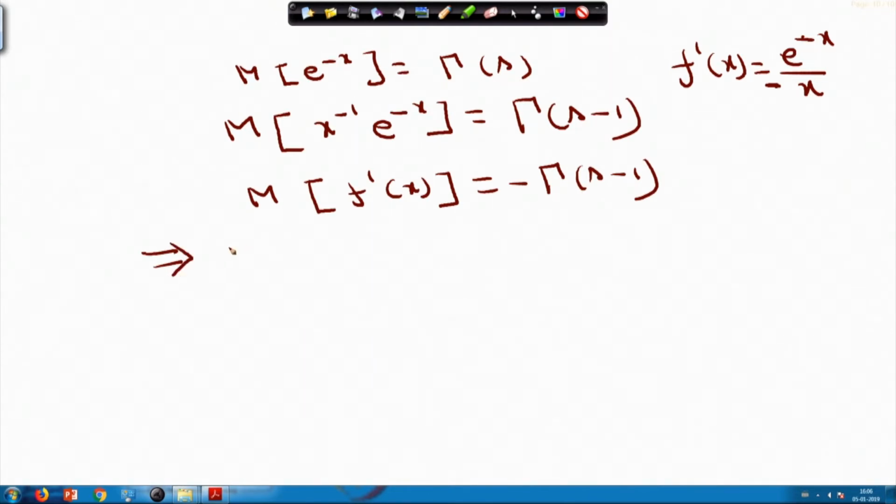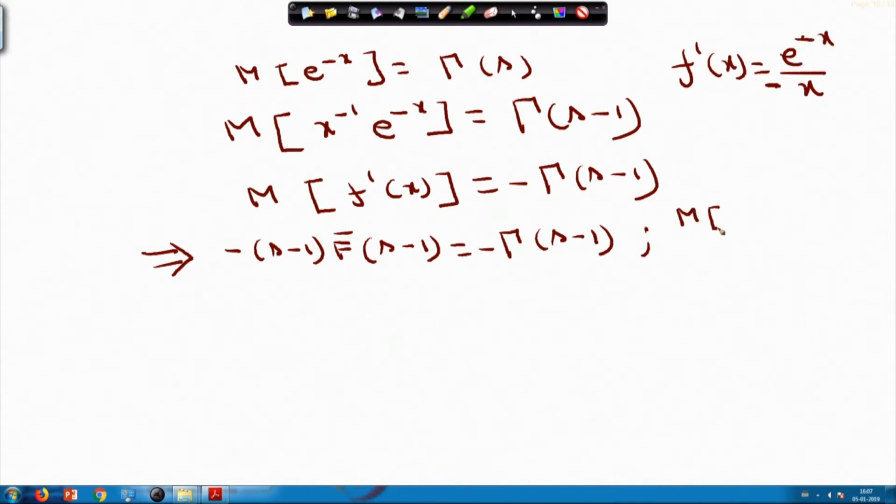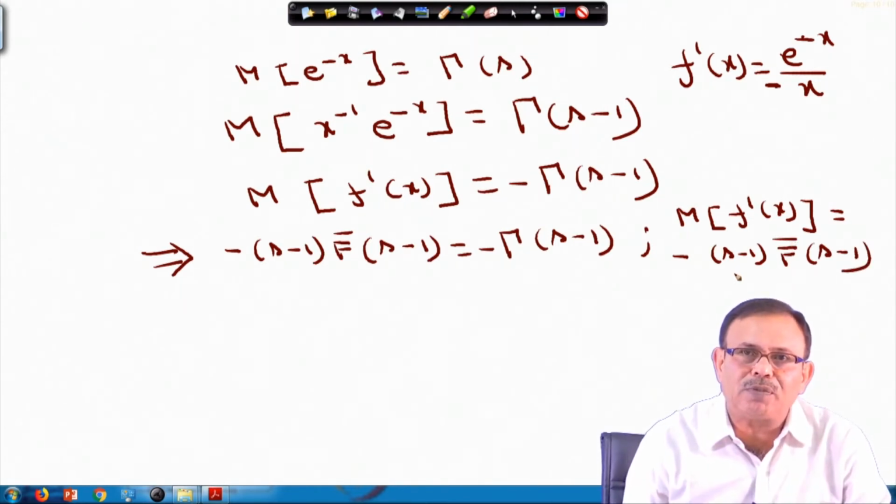So, this equals minus (s minus 1) into f bar (s minus 1), which equals minus gamma (s minus 1). If you recall, from the Mellin transform of derivatives, we have proved that the Mellin transform of f dash x equals minus (s minus 1) into f bar (s minus 1).